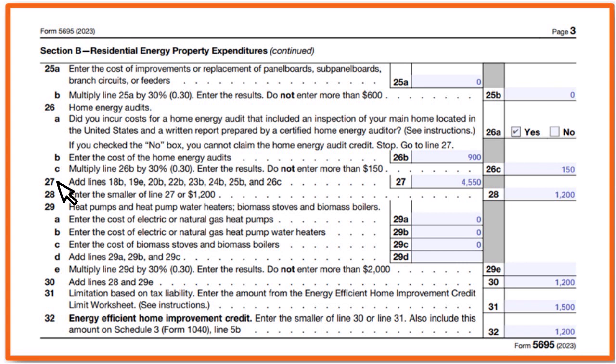On line 28, you enter 1200 because it's actually the smaller of those two lines. And from line 29 we have nothing. Line 30, when we do the math, the amount we have is 1200. Line 31, in terms of the energy efficient home improvement credit limit worksheet, we are limited at 1500. And on line 32, energy efficient home improvement credit, we are speaking here about $1,200.